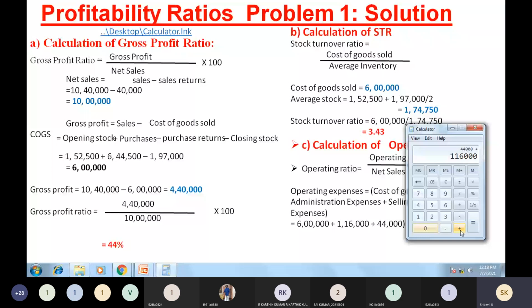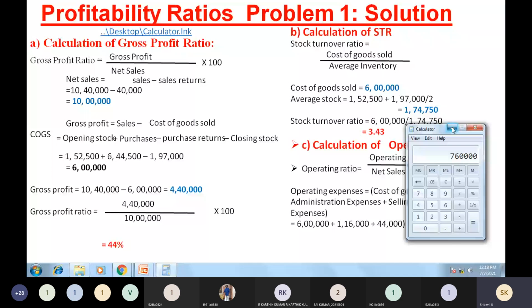We get 7,60,000 rupees as operating expenses.